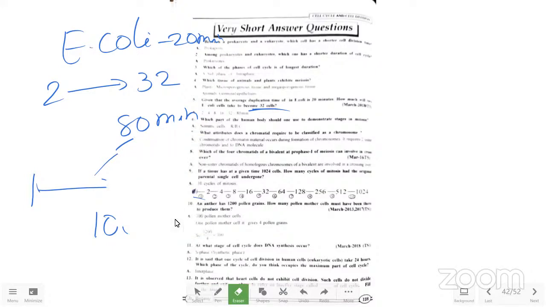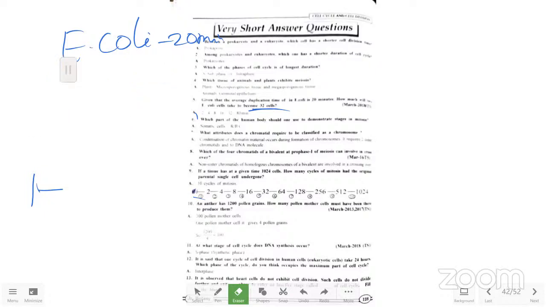Next comes one more. In a tissue, if a tissue has a given 1024 cells, read or see in your materials. If a tissue has the original parental single cell, one single cell they ask. So how to do this? One cell has to become 1024 cells. That means how many times will it undergo the mitotic division?